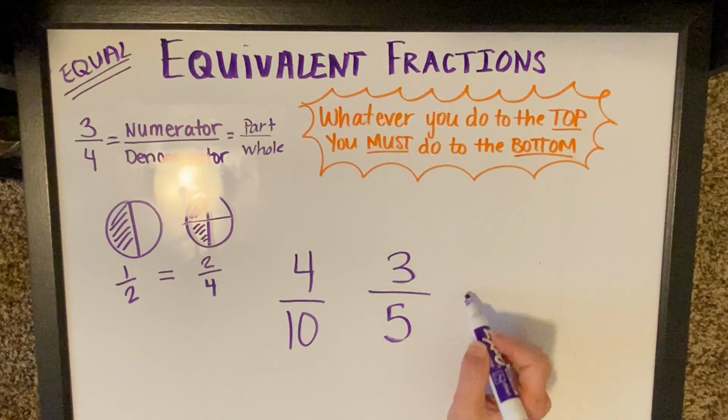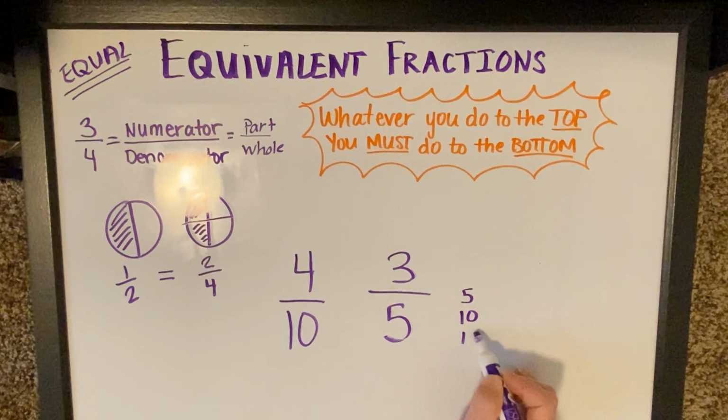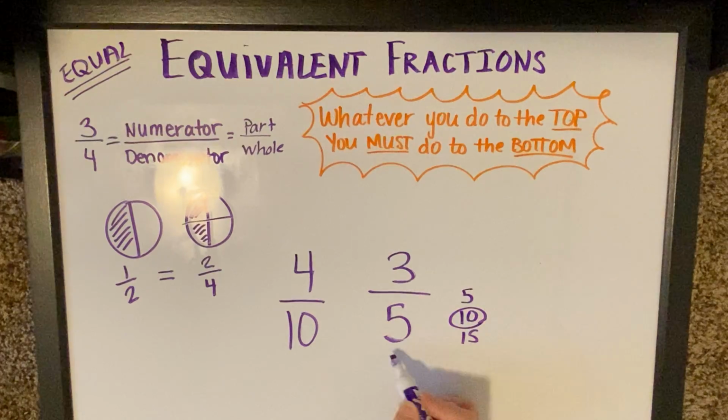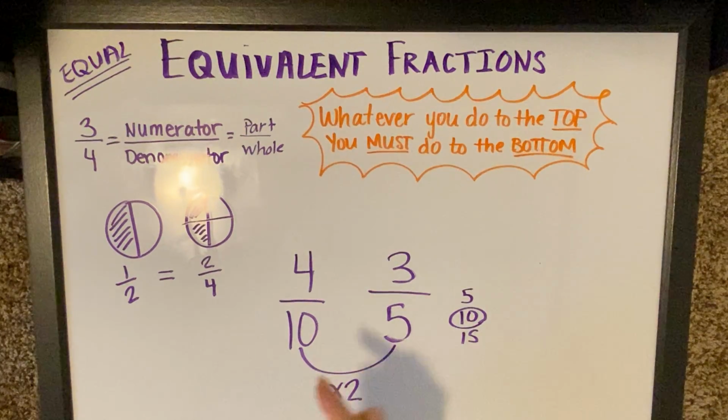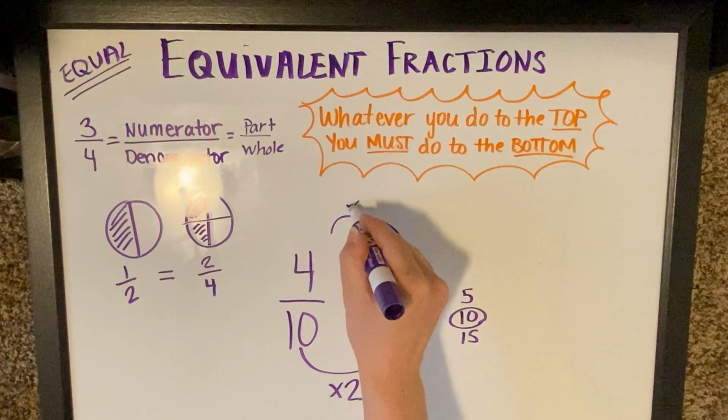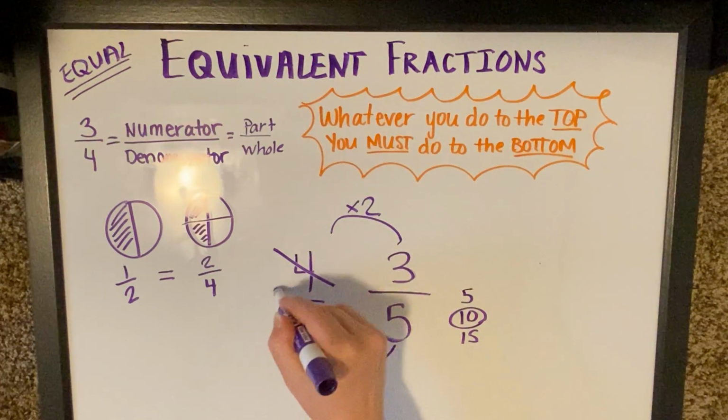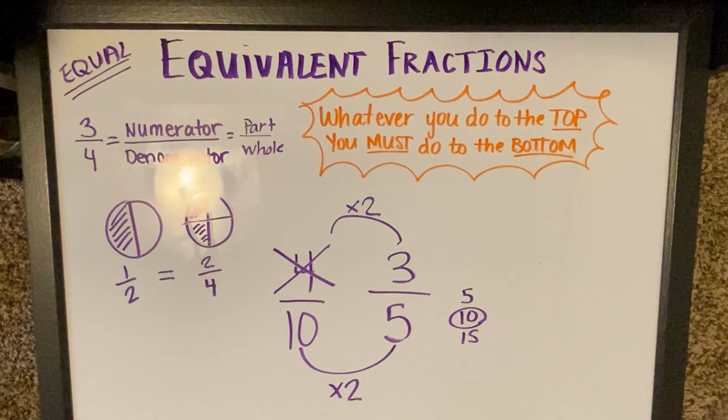So I'm going to take 5, 10, 15. I know I can get 5 to 10 if I multiply by 2. So that means on the top, I have to multiply by 2. 5 times 2 is 10. 3 times 2 is not 4. So we know that these are not equal.